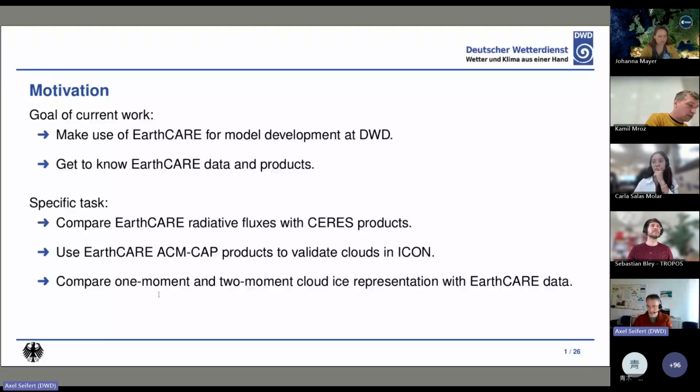And this we do already with an example really from the model development side, by comparing a 1-moment and 2-moment representation of the cloud ice in ICON, and how we can use EarthCARE to learn about these different model parameterizations and how they represent clouds.